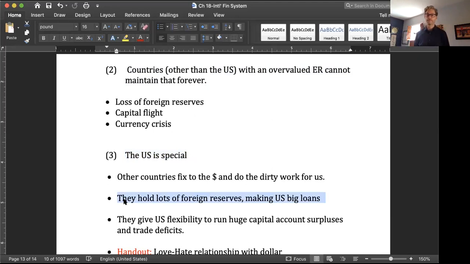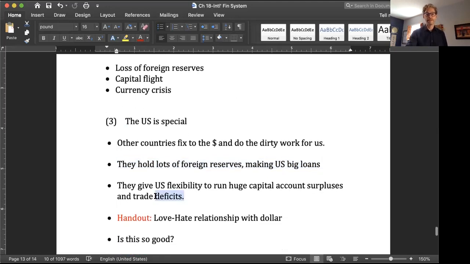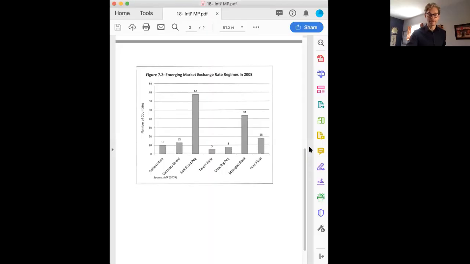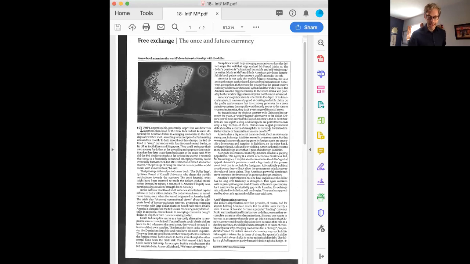And this is one of the reasons why we have these big trade deficits, is because the US finds it so easy to borrow from other countries. They give the US flexibility to run huge capital account surpluses and trade deficits. And so, there's an article here that I posted in your handouts about the love-hate relationship that countries have with the dollar. And this is definitely true, right?